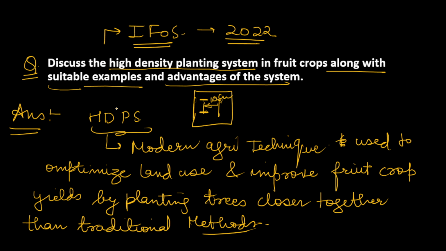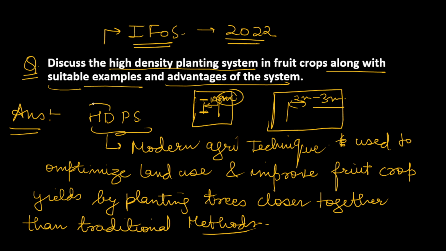So what in high density planting system is, we will make the space closer. मान के चलो यहाँ 10 मीटर का डिफरेंस है, तो what we will do in high density planting system, we will reduce that difference. We will reduce this difference to 2 meter, we will reduce this difference to 3 meter. So what these things will do, it will make the trees more closer to each other. That is why high density overall.